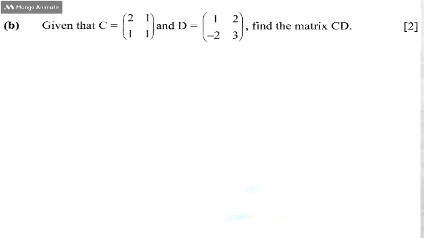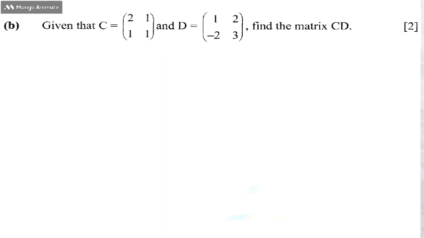The number of columns in the first matrix should be equal to the number of rows in the second matrix. Once these two matrices have this property, then we can multiply them. In this case, the two matrices given in our question can be multiplied because the number of columns is equal to the number of rows.